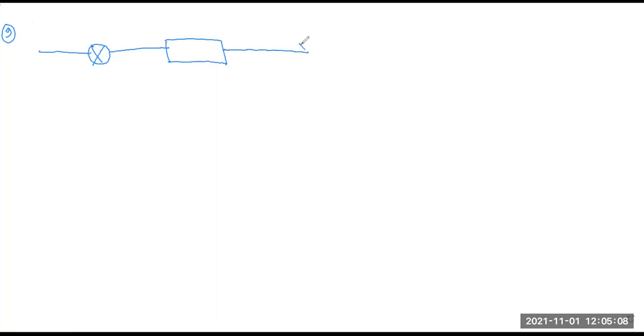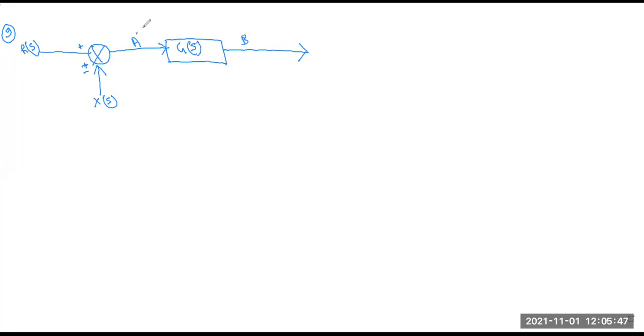One input is R(s), positive, and the other is X(s), either positive or negative. This position we have to change from here to here.